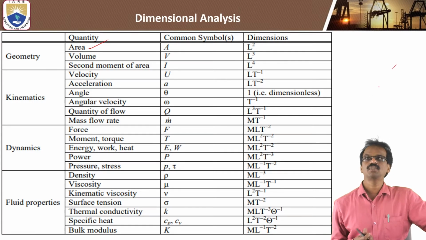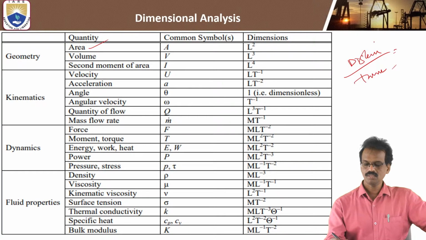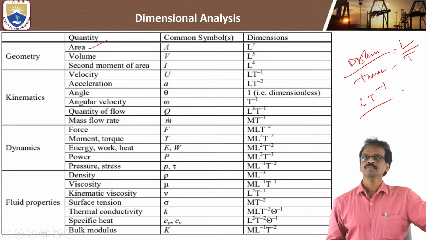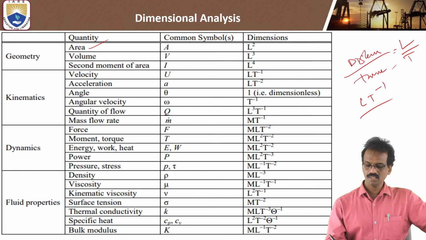Similarly velocity is distance by time. Distance is measured in meters, length L, divided by time T, so LT to the power of minus 1. Acceleration is velocity by time, so one more T, LT to the power of minus 2.